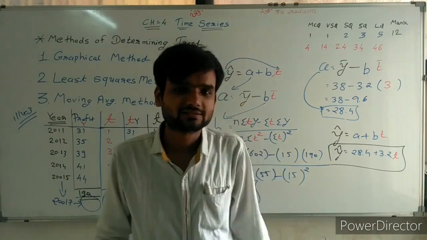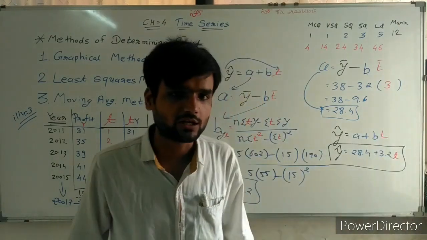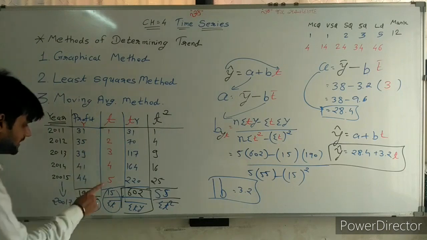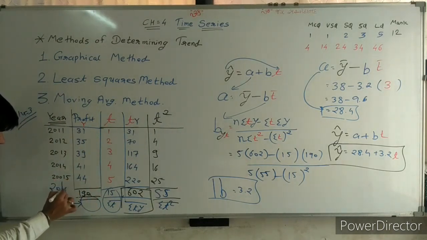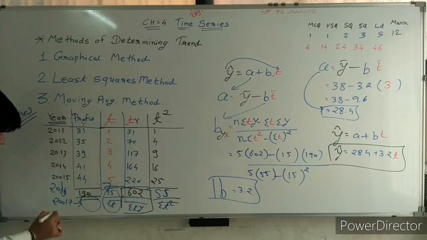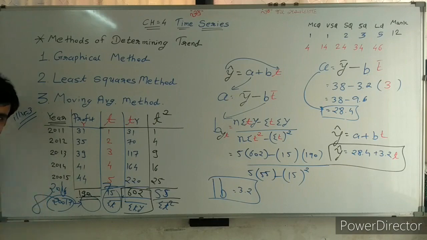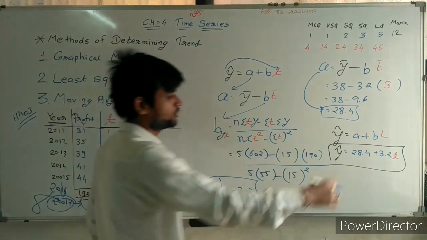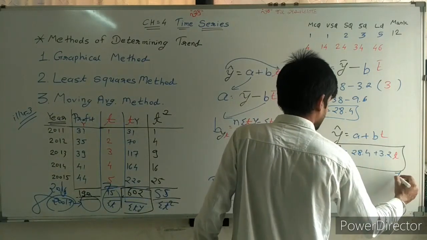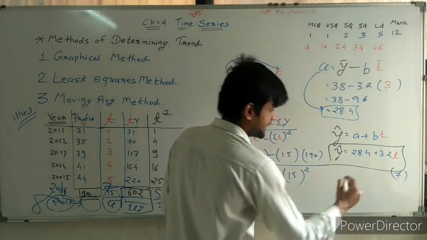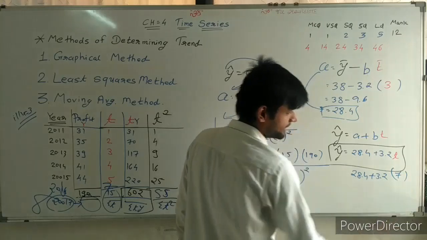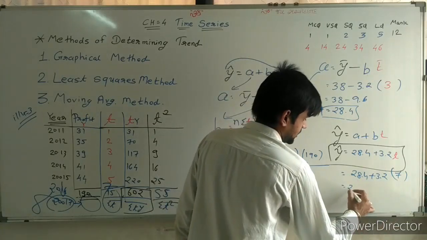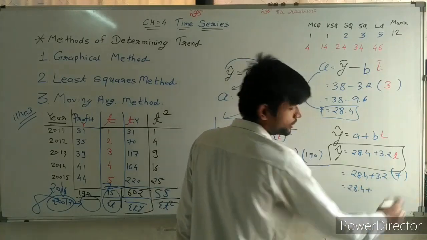Now important thing. Instead of T, what do we have to write here? Sir, for 2015, T is 5. For 2016, T is 7. For 2017, T is 8. For 2017, I need to find the value. So instead of T, write 7. 28.4 plus 3.2 into 7.